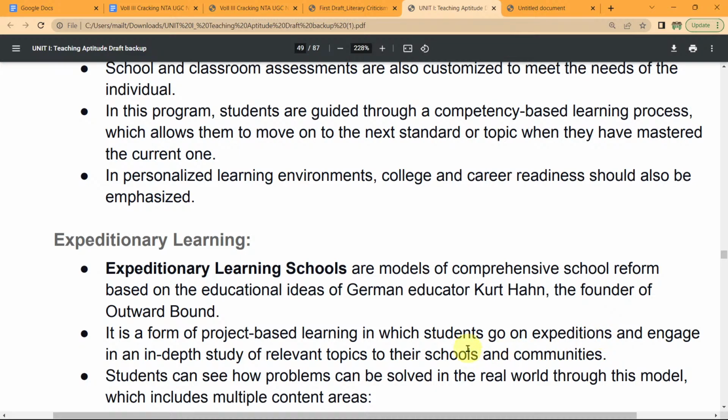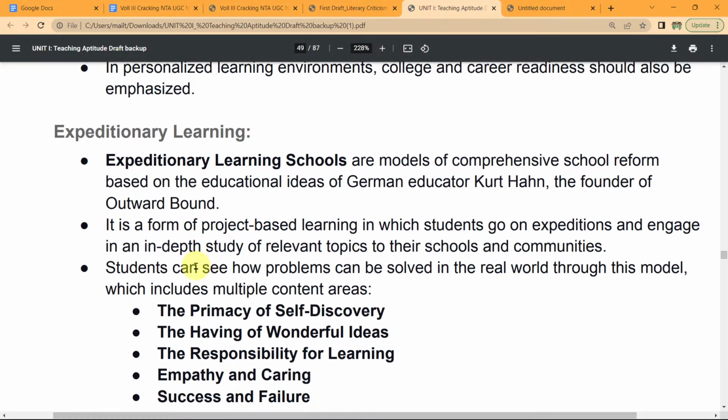Suppose Anjali wants to learn about British literature, and she wants to feel it. So what we'll do is organize an expedition where she'll go to England and explore a particular college, or she will go to the Globe Theatre and experience Shakespeare, or these kinds of expeditions. So it comes under expeditionary learning. I hope you got it.